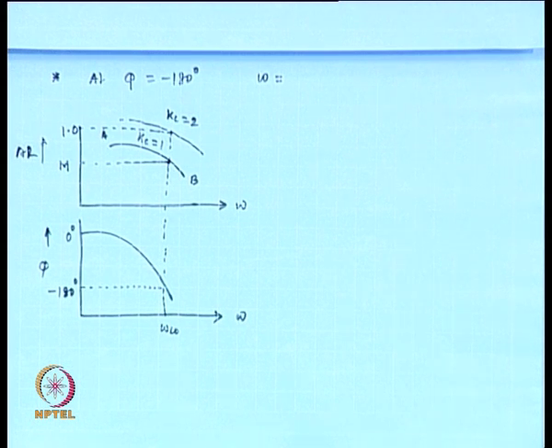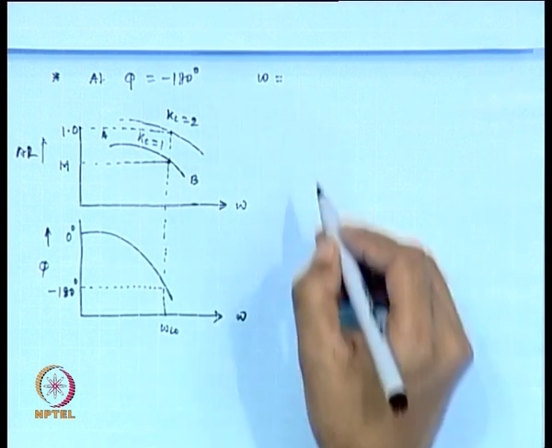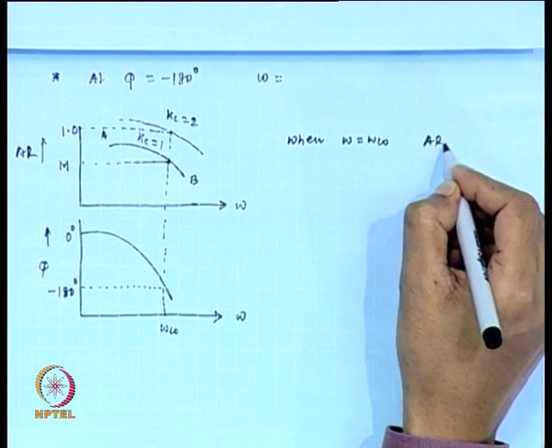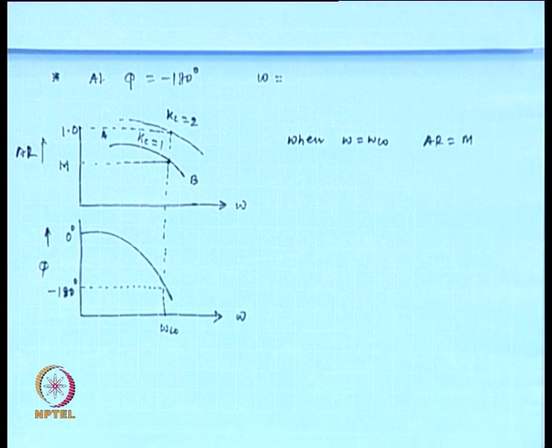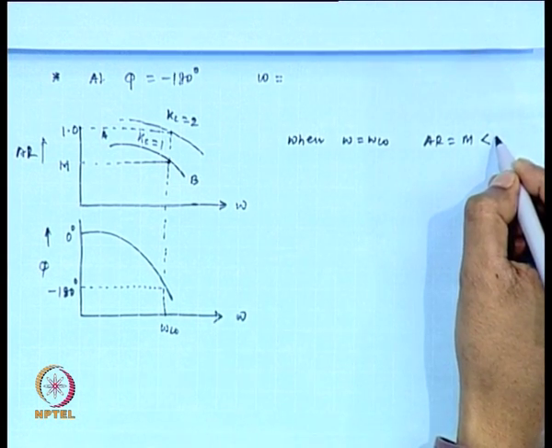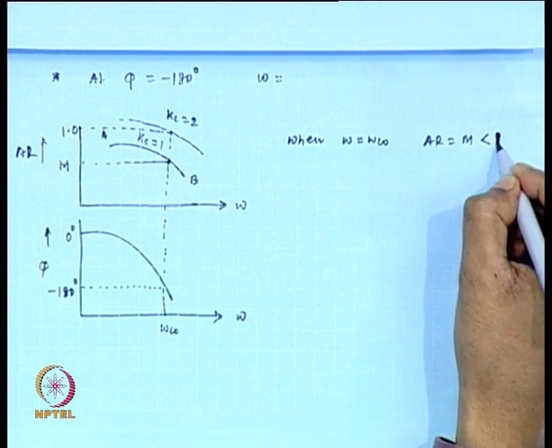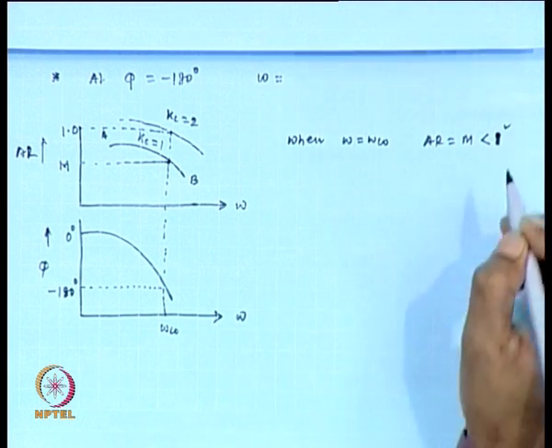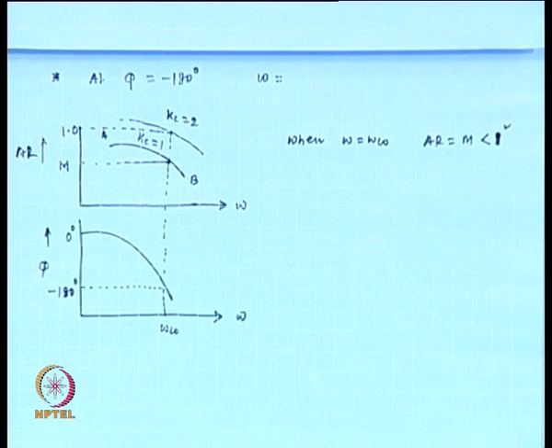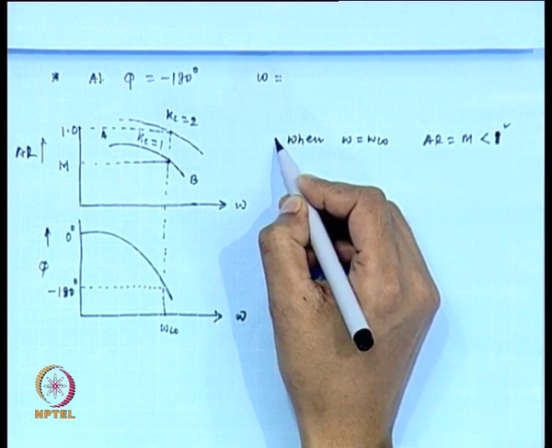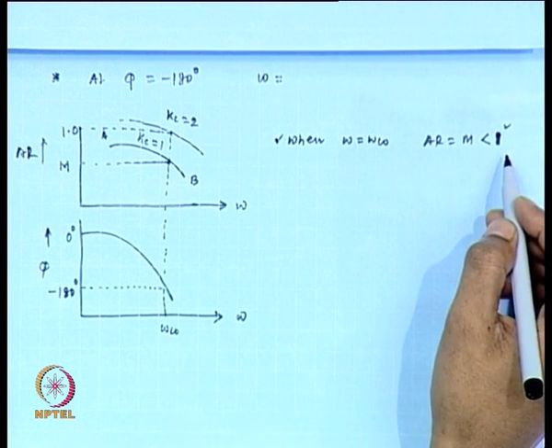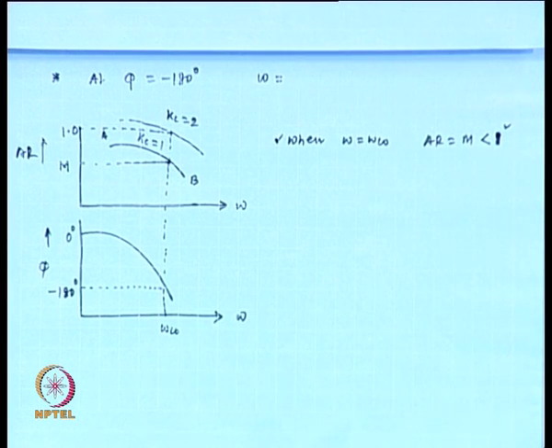So, when omega equals omega CO, we obtain amplitude ratio equal to m, which is lower than 1. Agree? If we obtain 1, then marginal stability. If this is lower than 1, that means stable system. So, when omega equals omega CO, I mean at crossover frequency, if amplitude ratio is less than 1, then that is the indication of stability.